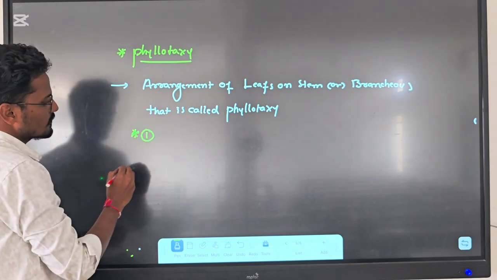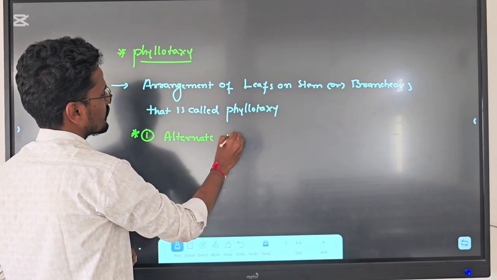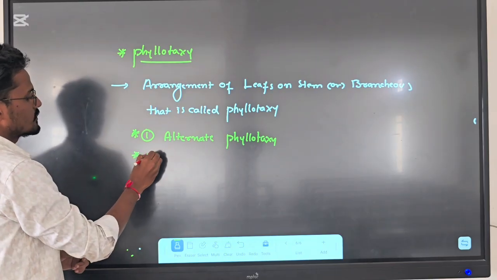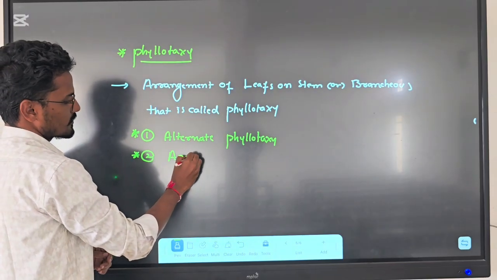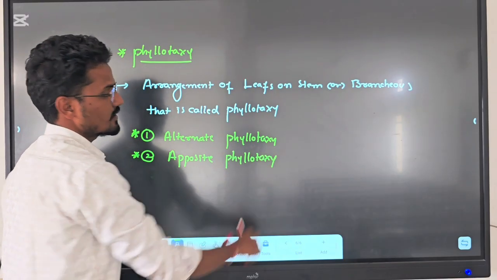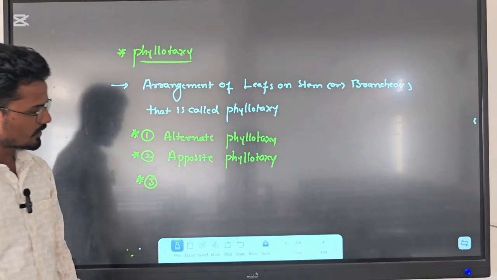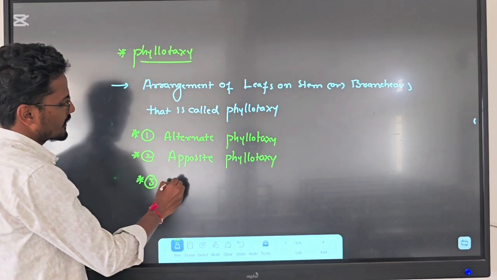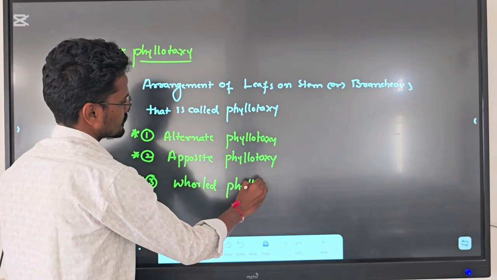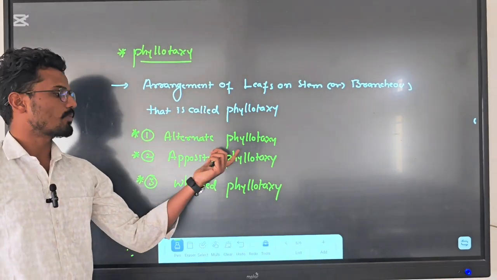One is the alternate type of phyllotaxy.